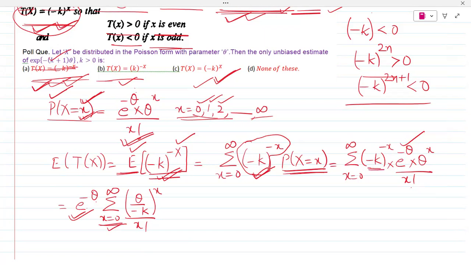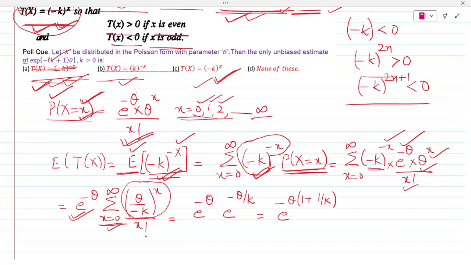Here it is (-k)^(-x) and theta^x, so we can combine them, and x factorial stays as it is. Now this is e^(-theta) and e raised to the power minus theta upon k, so e^(-theta) common, times e^(1 by k).